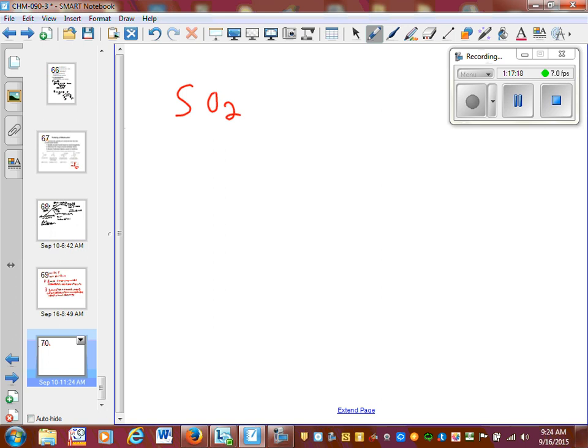Ultimately, what shape is this molecule going to be?